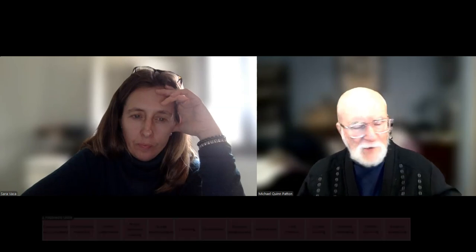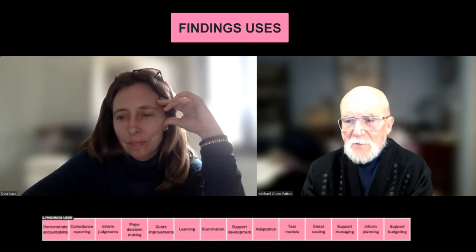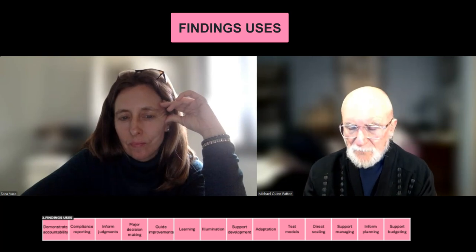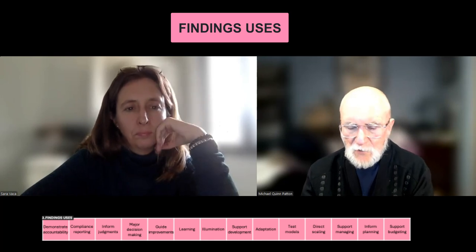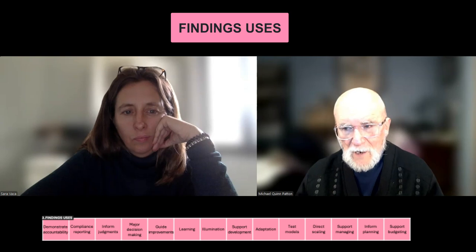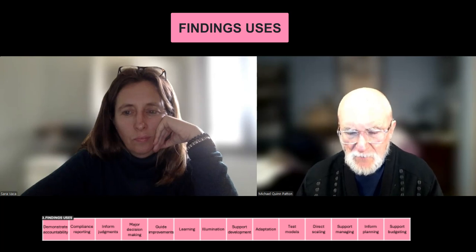In doing training around this and writing books about it over the years, the reason it is important to put it up front and early in the periodic table, the third category, is that when I ask people about use, they often say, well, use depends on how the findings come out.